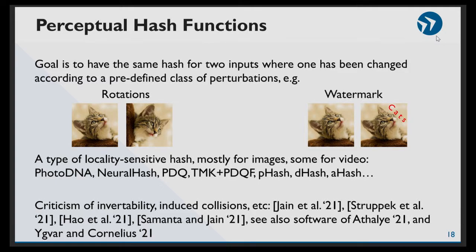So for example, perceptual hash functions might try to have a rotation of an image return the same hash, which would not be true, for example, of cryptographic hash functions, which is a different kind of hash function. So we might try to make these 2 images on the left have the same hash, or these images on the right have the same hash.